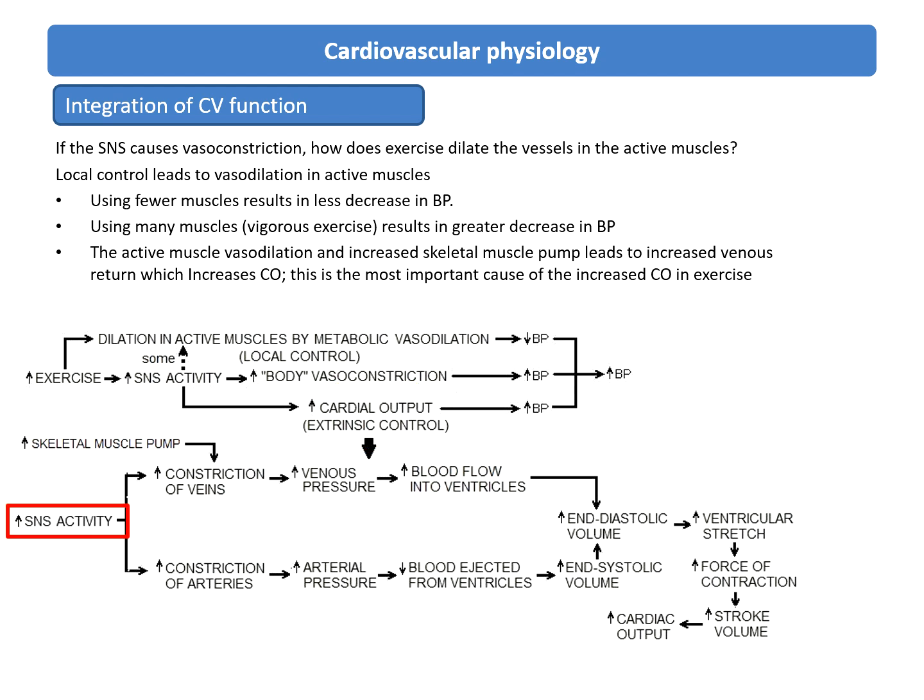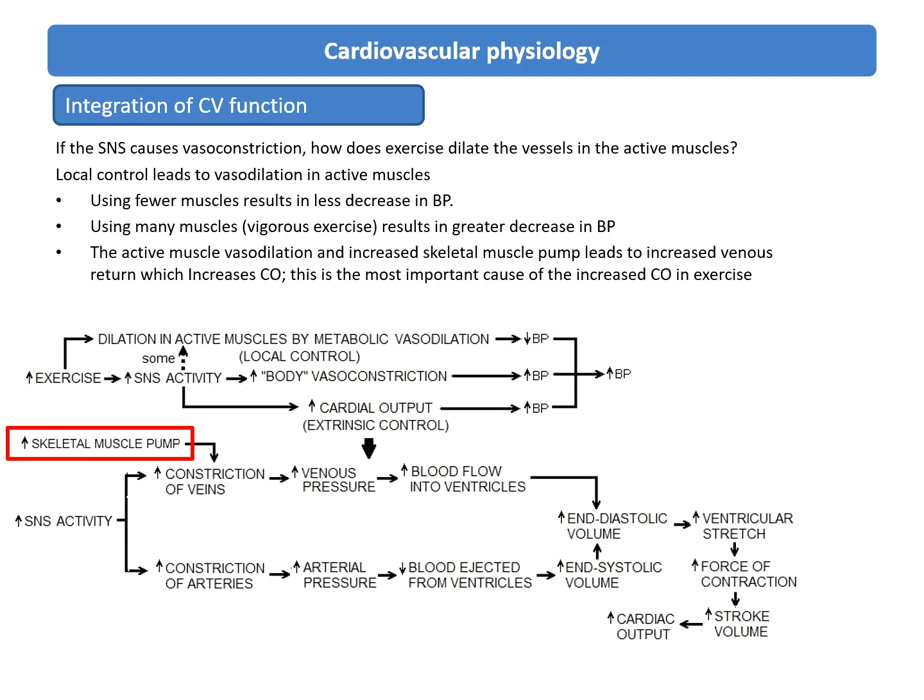Let's look at increased sympathetic activity. Sympathetic nervous system constricts arterioles, blood vessels. That would increase arterial pressure, thereby decreasing blood ejected from the ventricles. This leads to an increase in end systolic volume, which increases the end diastolic volume.